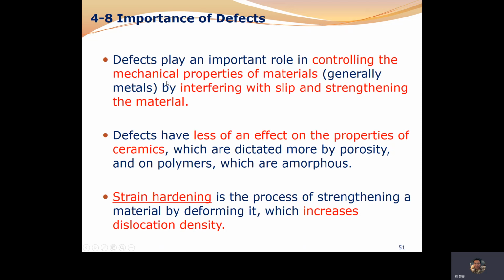So what kind of defect should we apply to those materials? Point defect, dislocation, or grain boundary? If you are a mechanical engineer, you have to think of what types of defects can give the highest mechanical strength at the lowest cost.